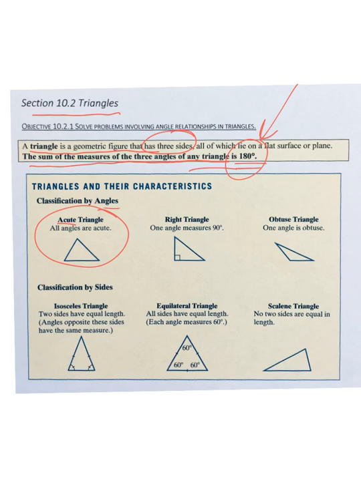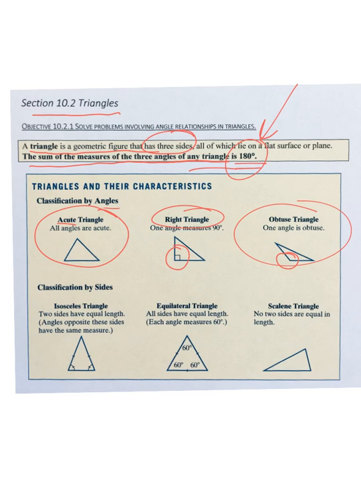So if all the angles are smaller than 90 degrees, it's an acute triangle. However, if one of the angles is a 90-degree angle, we call this a right triangle. If one angle is obtuse, meaning more than 90 degrees but less than 180 degrees, then it's an obtuse triangle.